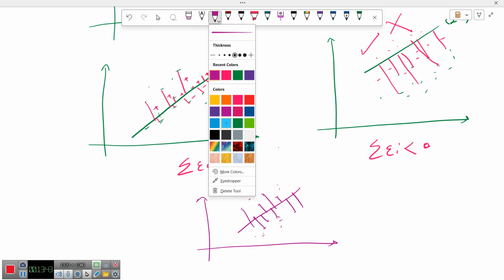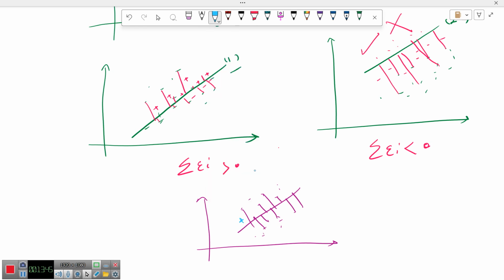We have some negative and positive, like that, and the sum of error is 0.